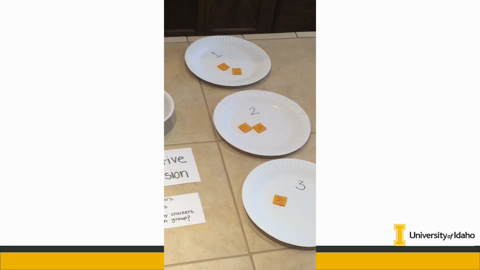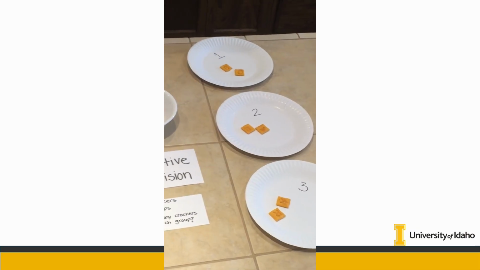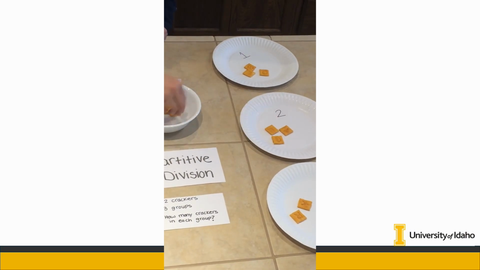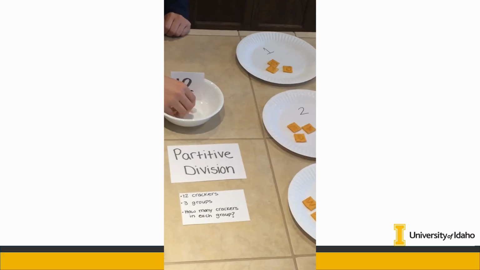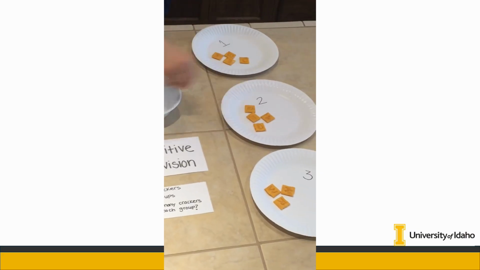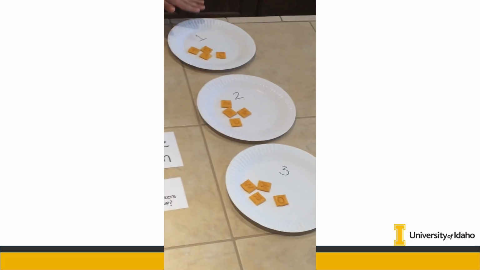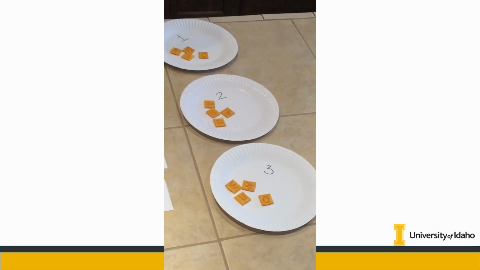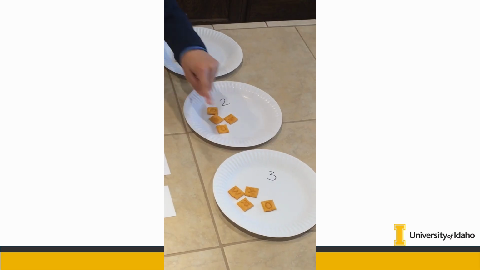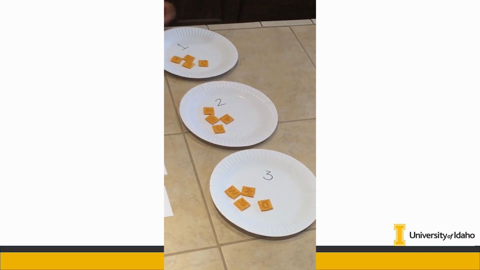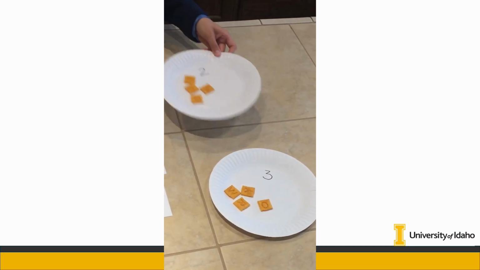I have 2 items in each group, and then I'm going to put 3 items in each group, and then 4 in each group. So in the end, with my 12 crackers that I evenly distributed into our 3 groups, I can see that I have 4 crackers in each group. So 4 crackers for our 3 groups.